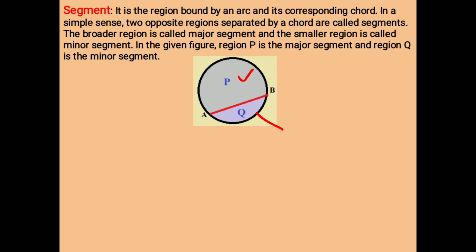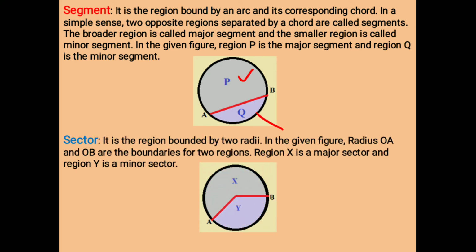So let's discuss the next term that is quite similar to segment, and that is sector. Now, sector is also a region formed in a circle, but unlike segment, the boundary between two regions in a circle is formed by two radii to form a sector.